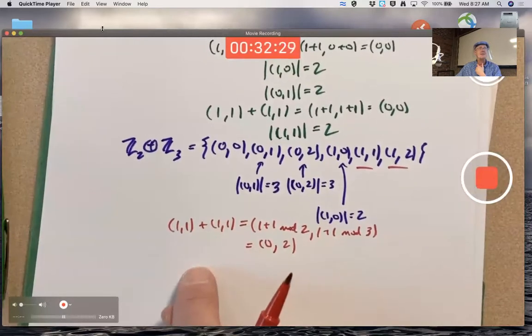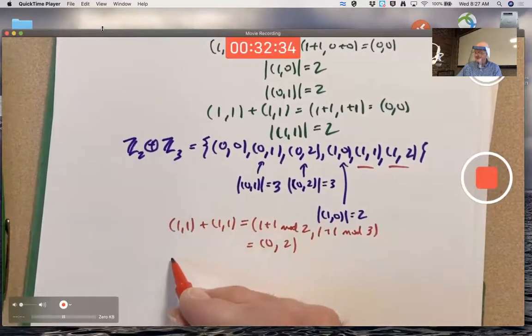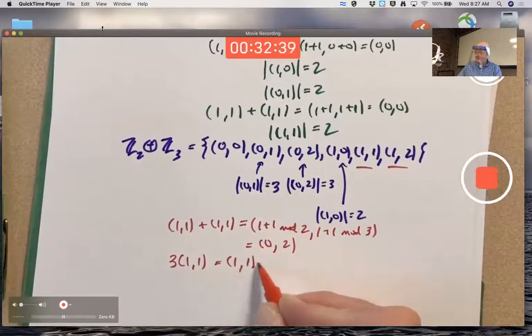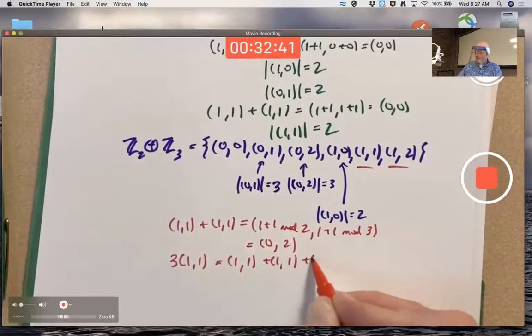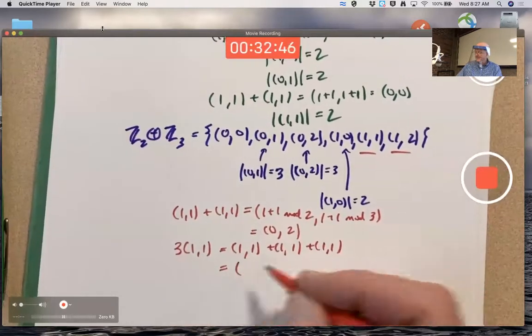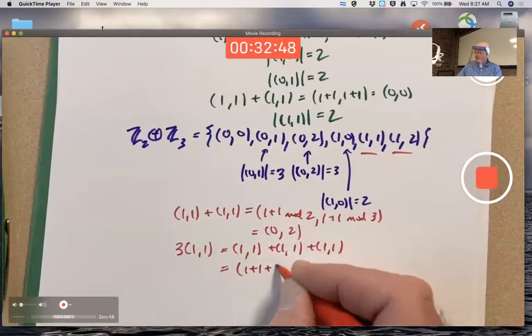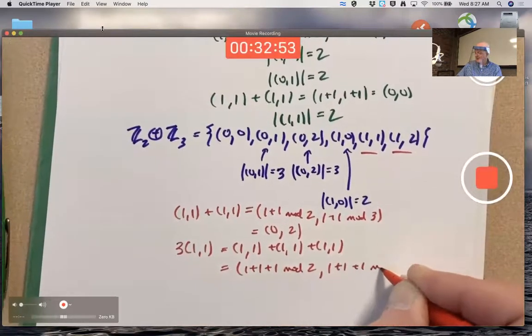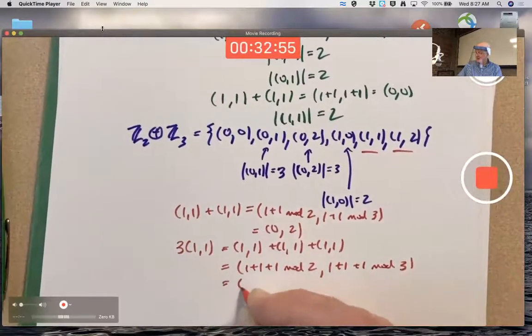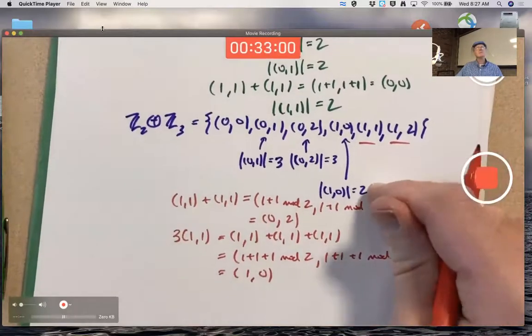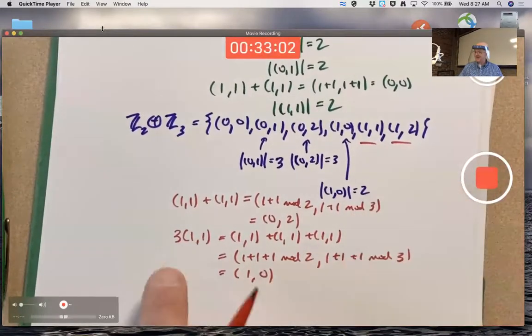This group is going to be cyclic. Three, 1, 1 means 1, 1 plus 1, 1 plus 1, 1. 1 plus 1 plus 1 mod 2, 1 plus 1 plus 1 mod 3 gives you 1, 0. The element of order 2. Yeah, this is going to have order 6.